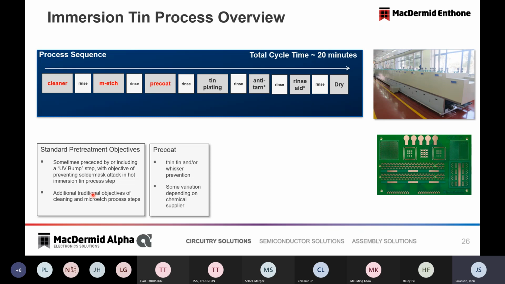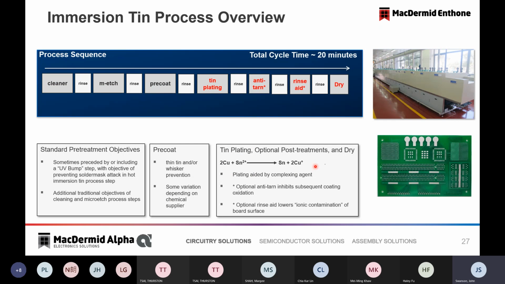And that can have some aggressive effect on solder mask. So sometimes what we call a UV bump is done, where some energy is delivered to the solder mask to further cure it and prepare it for exposure to the hot tin plating chemistry.